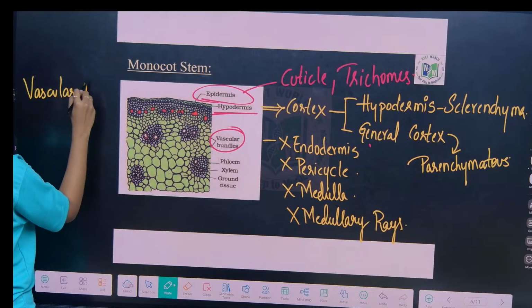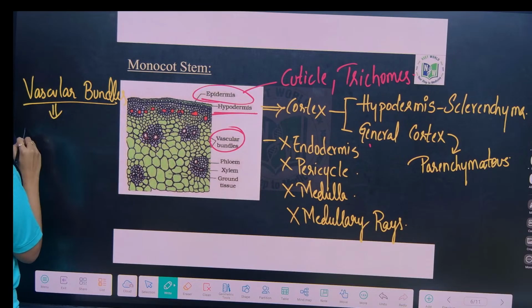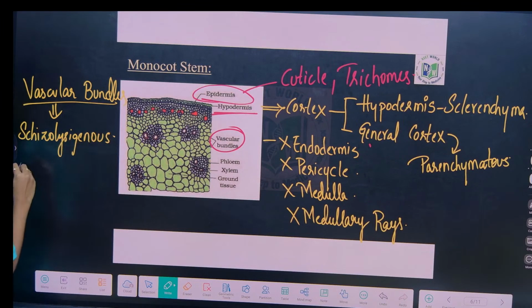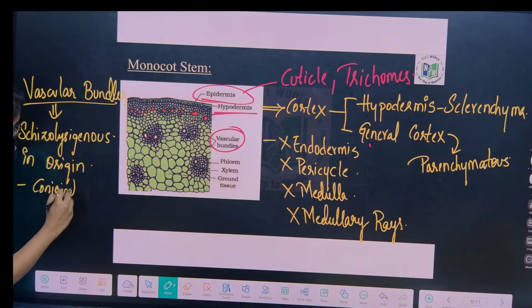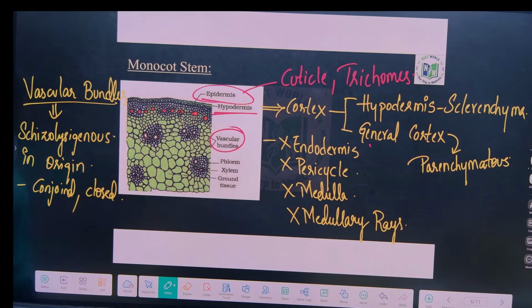Vascular bundles are schizolysigenous in origin, and they are conjoint, closed type of vascular bundles, with endarch type of development.